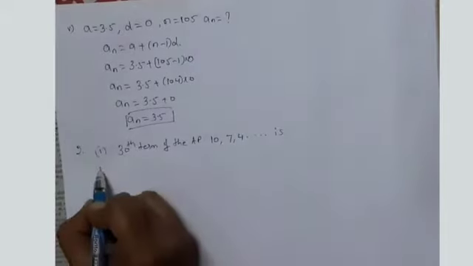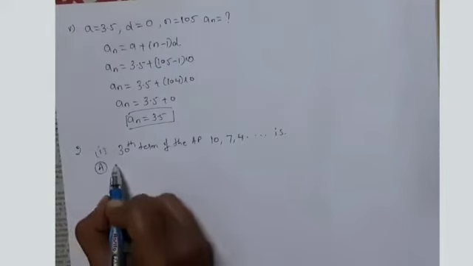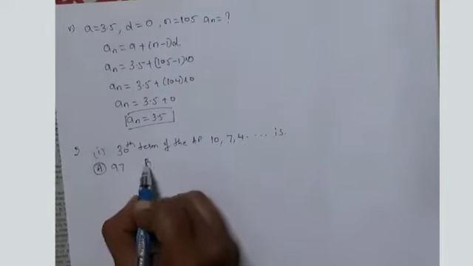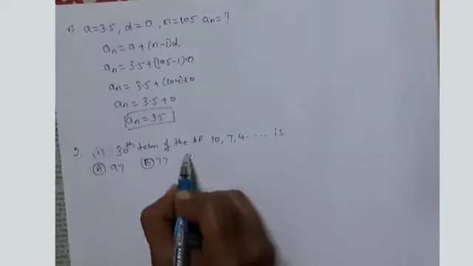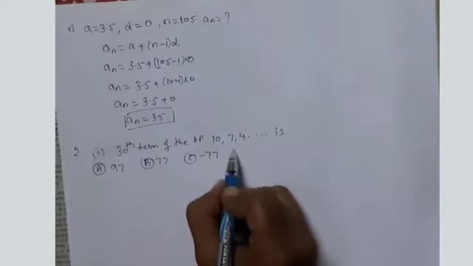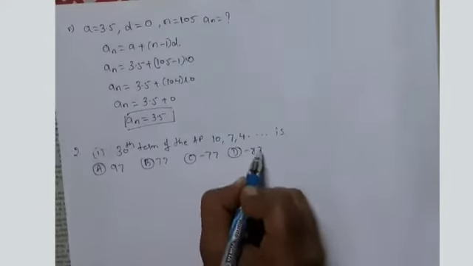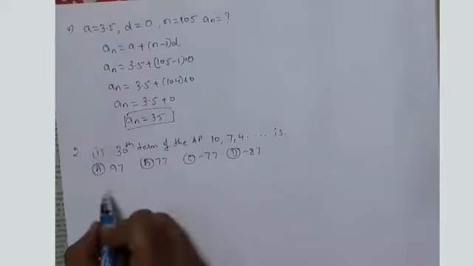They have given you options: option A is 97, option B is 77, option C is minus 77 and option D is minus 87. You have to find out the 30th term.